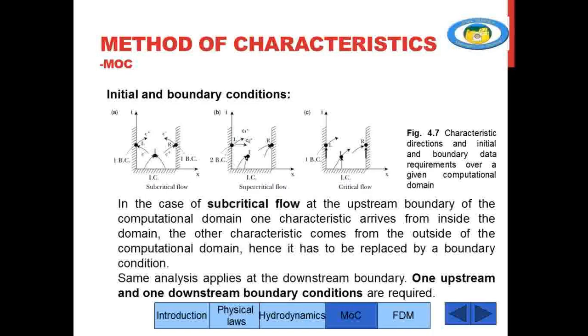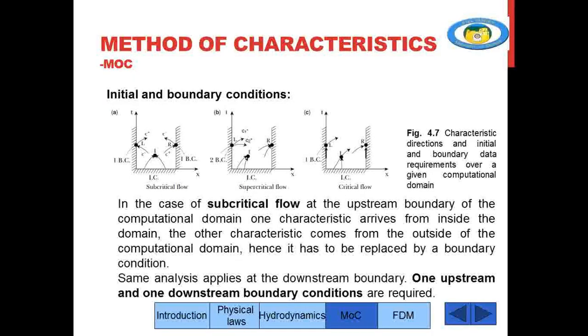Conditions are required. These boundary conditions for supercritical flow are different in number. In case of supercritical flow, remember, both C plus and C minus are of the same direction.